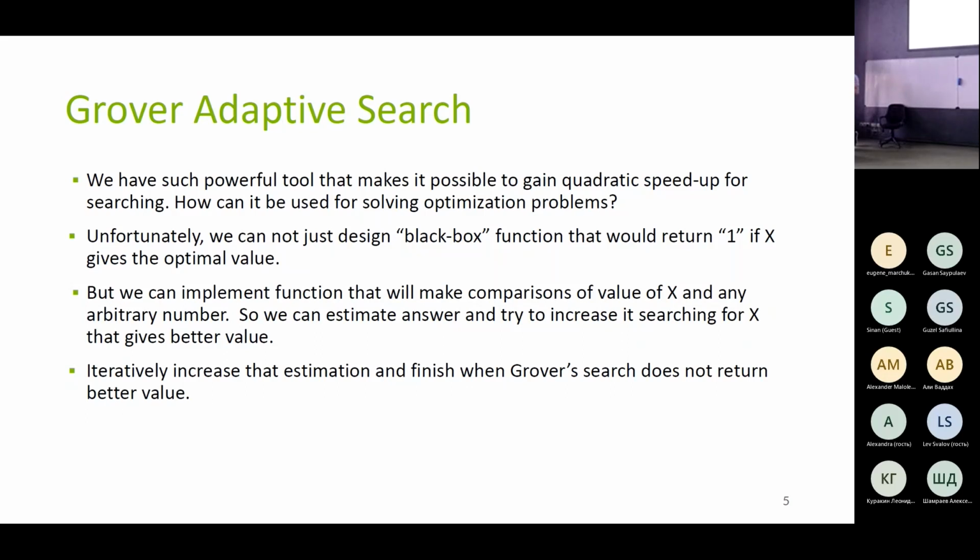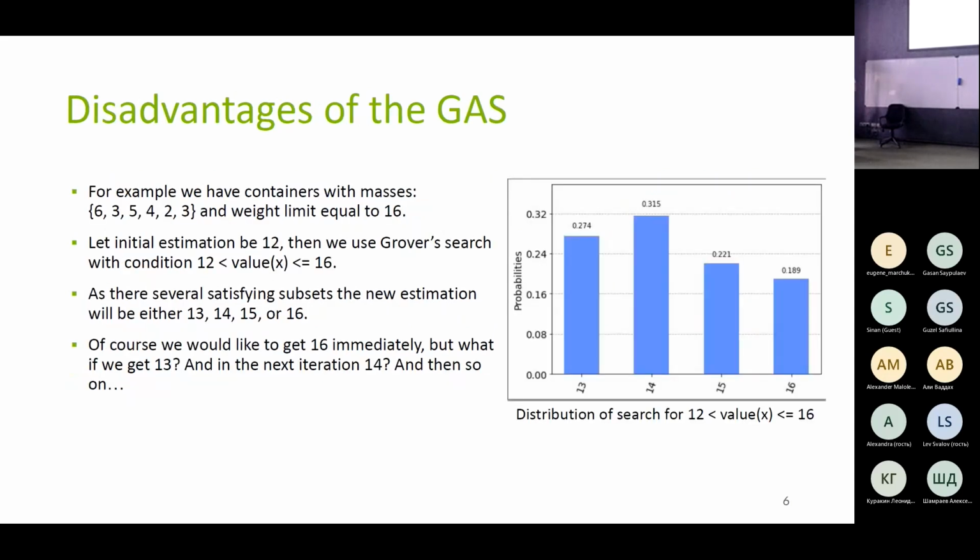So when we keep repeating this process, and when the Grover search fails to find a new update, we just stop and return the answer. After some reflections and experiments with this well-known approach, we found some concerning points.